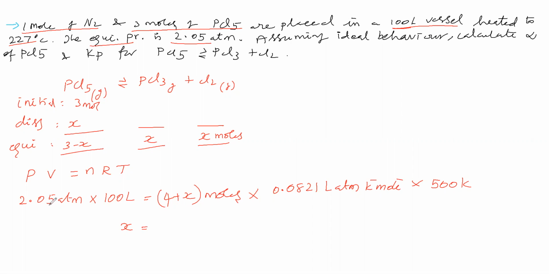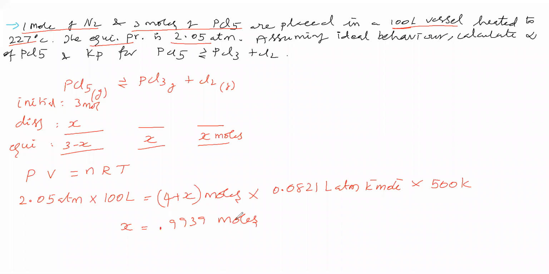If you substitute 2.05 directly, you are including nitrogen pressure, so include the moles of nitrogen here. Okay, now it is correct. Now we will simplify this one. We get x as 0.9939. Okay, we got x. X is called what?